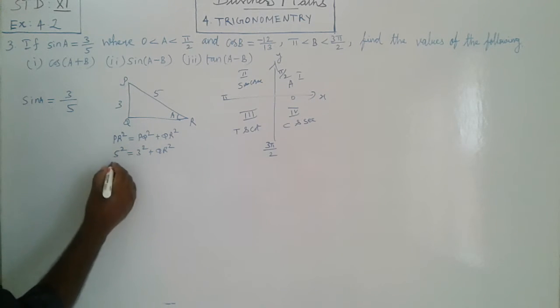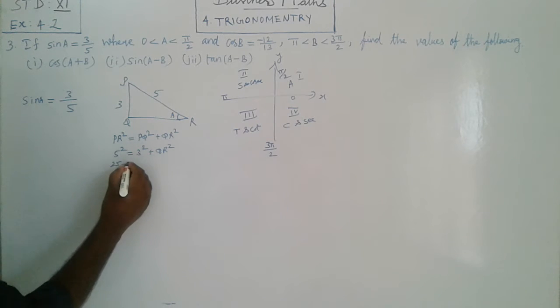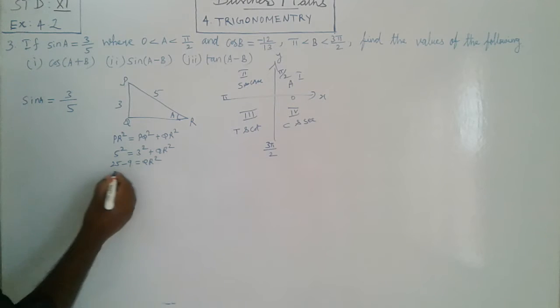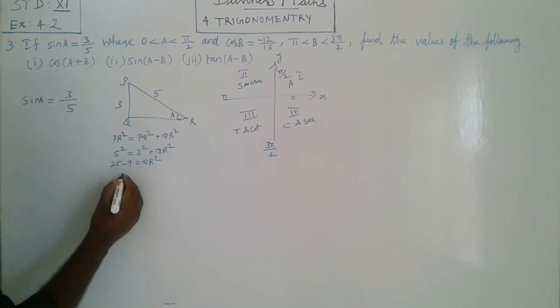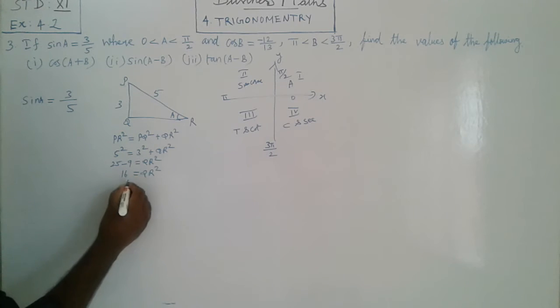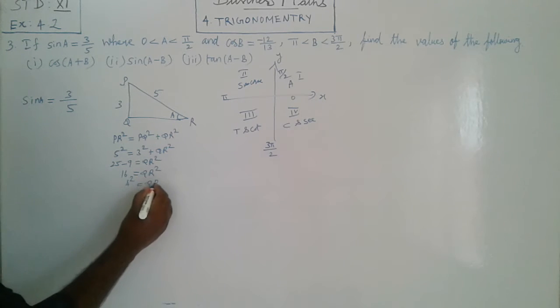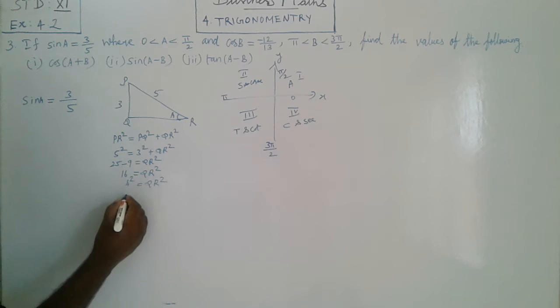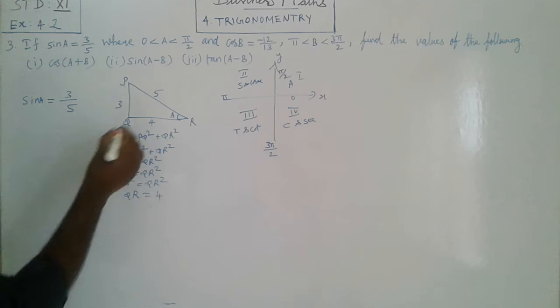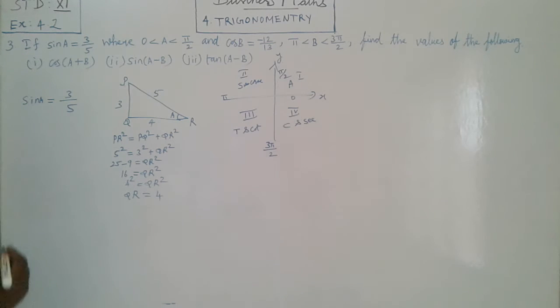Take left: 5 square is 25 minus 3 square is 9 equals QR square. So 25 minus 9 is 16 equals QR square. So 4 square equals QR square, so QR is 4.